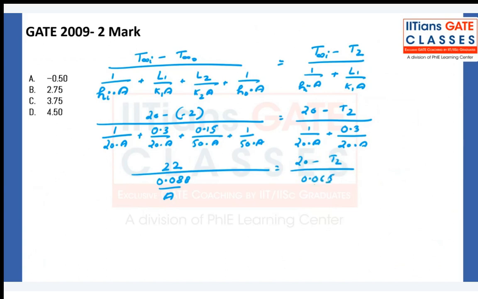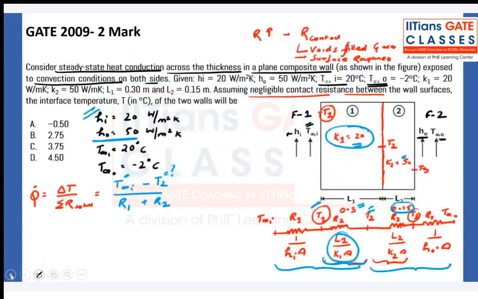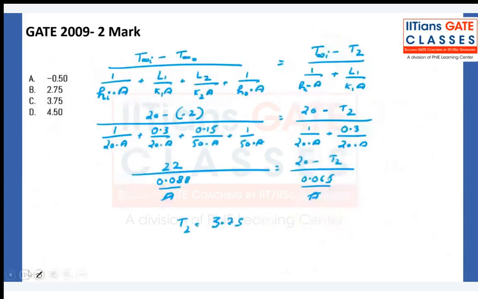So area and area will get cancelled. You can find out T2 is equal to 3.75. Now, what is the unit? It is given in degrees Celsius, and you should also know because you have put these temperatures in degrees Celsius. So T2 is in degrees Celsius. Is it clear? Yes, C is the correct answer.